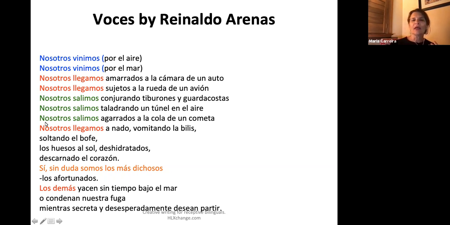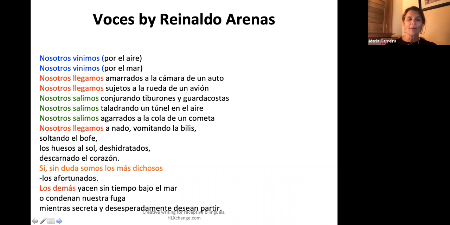In green, three lines that repeat themselves, we left. And here the poet says, we left pleading with sharks and the Coast Guard. In orange, it says, yes, we are the luckiest ones. The rest lie under the sea.